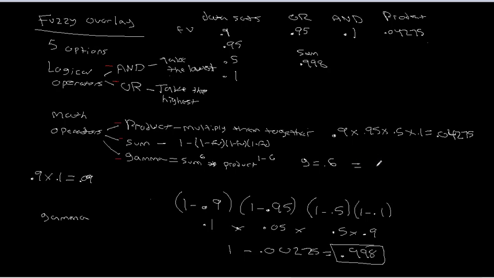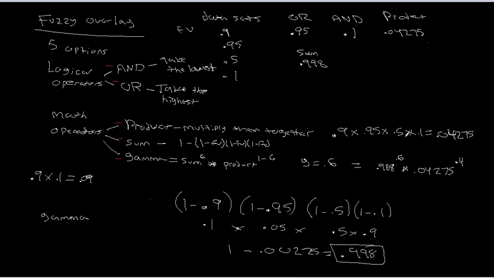That's going to be sum, which we said was 0.988, raised to the 0.6, times our product, which we said was 0.04275, raised to the 0.4, right? Because 1 minus 0.6 is 0.4.